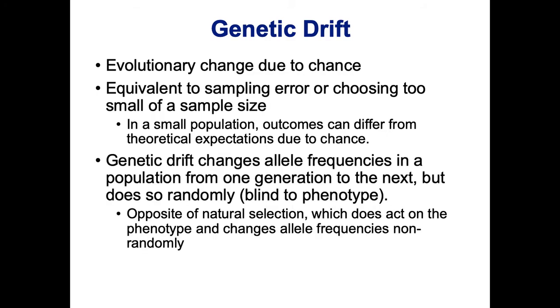So it changes allele frequencies in a population from one generation to the next, but it does so randomly. It's not favoring any characteristic over another. It's purely by chance. If it's favoring one characteristic over another, then it's likely to be natural selection or sexual selection. If it occurs so randomly, it's more likely to be genetic drift.